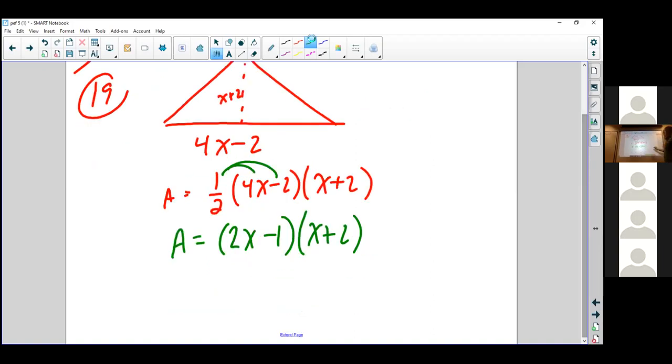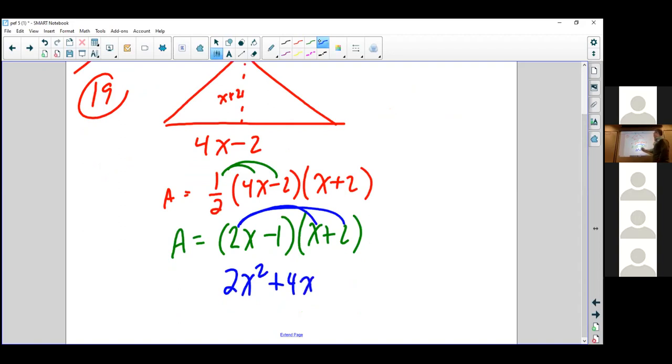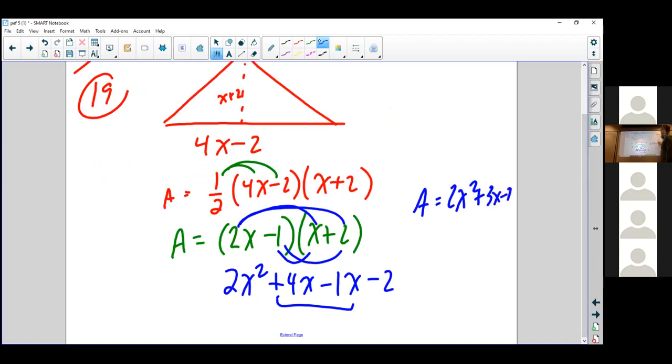And then from there, we're going to double distribute. 2x times x is 2x squared. 2x times 2 is 4x. Minus 1x. Minus 2. These are like terms. So my area is going to be 2x squared plus 3x minus 2. And we already took care of the 1/2. So that's what we have. I had that in the back of my mind and wanted to make sure I worked that one out for you.